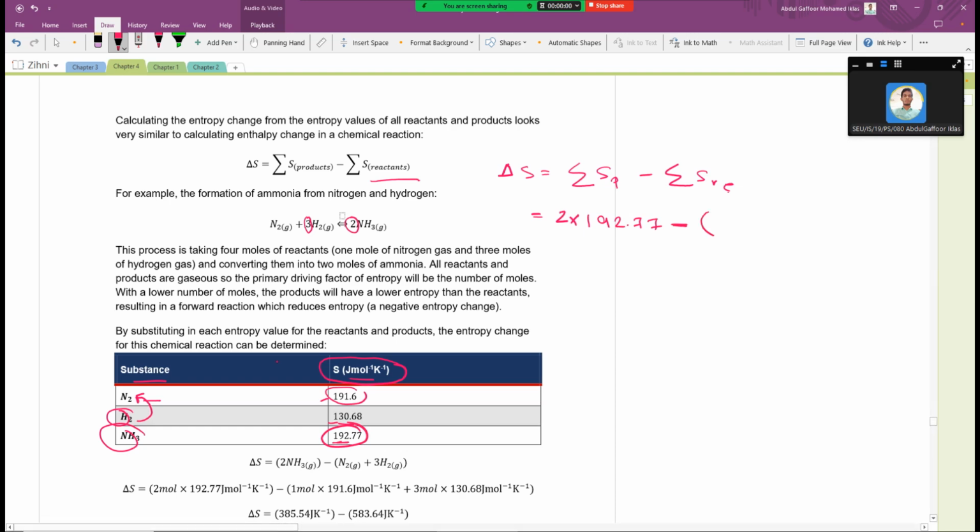Then you consider the reactants, nitrogen and hydrogen: 1 times for nitrogen the value is 191.6, plus 3 times hydrogen. If you forget to put this 3, then definitely the value will be different, right? So you should be very careful about the stoichiometric ratio of the substances while calculating the entropy and enthalpy, right?